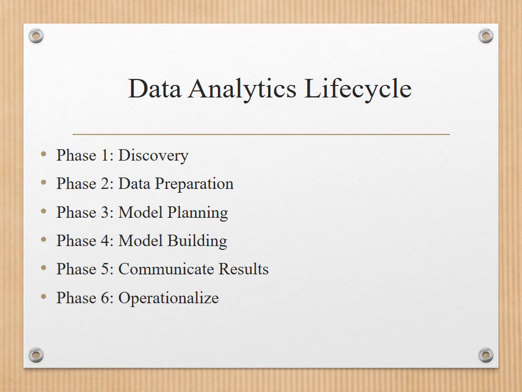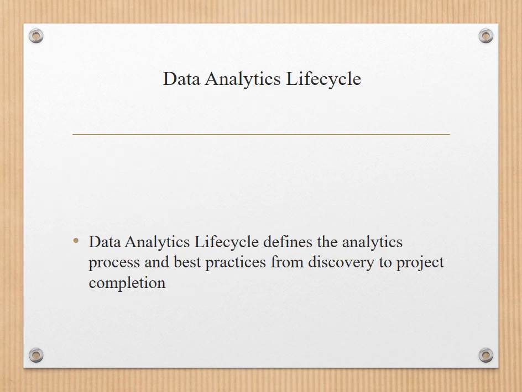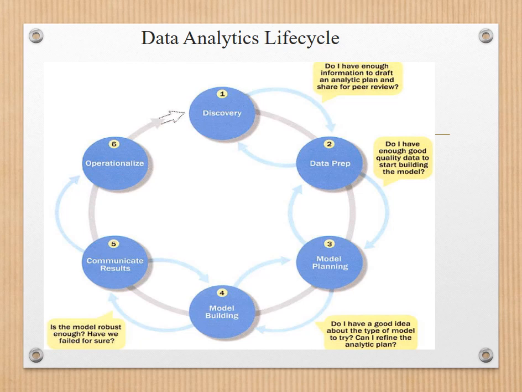We'll see one by one. So at the end, the data analytic life cycle defines the analytics process and the best practices from discovery to project. The diagram shows the data analytic life cycle, and we can see that we can move to the previous phase whenever it is required.